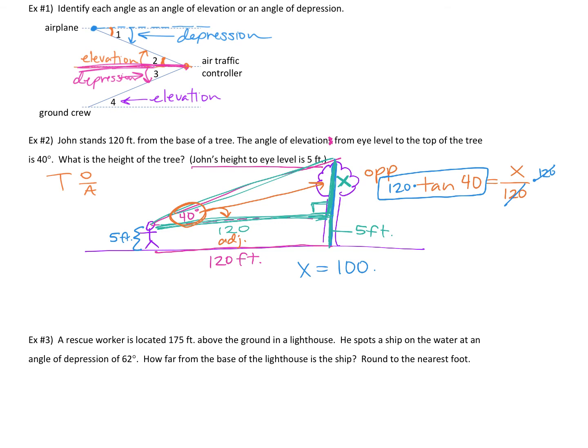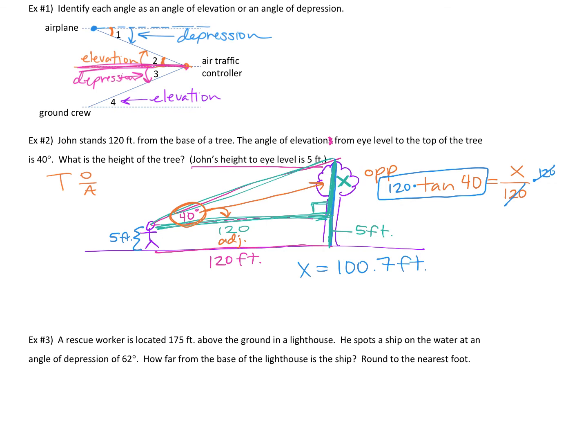Okay. Let's just do nearest tenth for right now. So to the nearest tenth, this would be 100.7 feet. The question they asked was, what is the height of the tree?